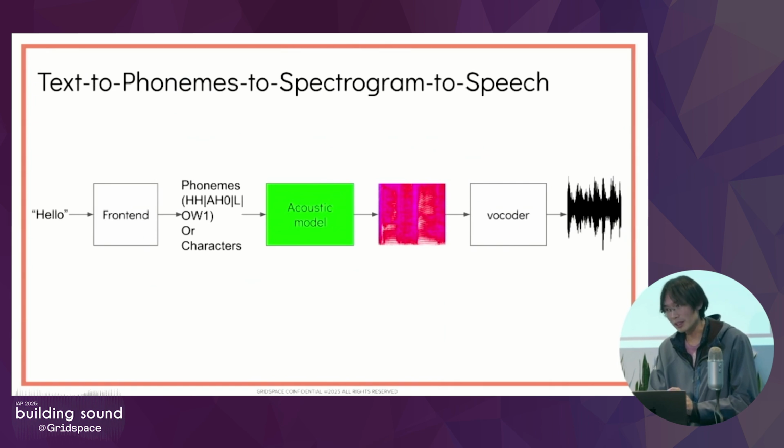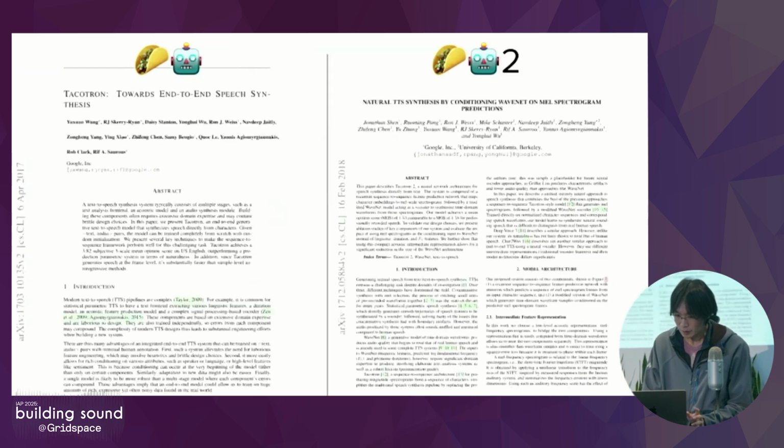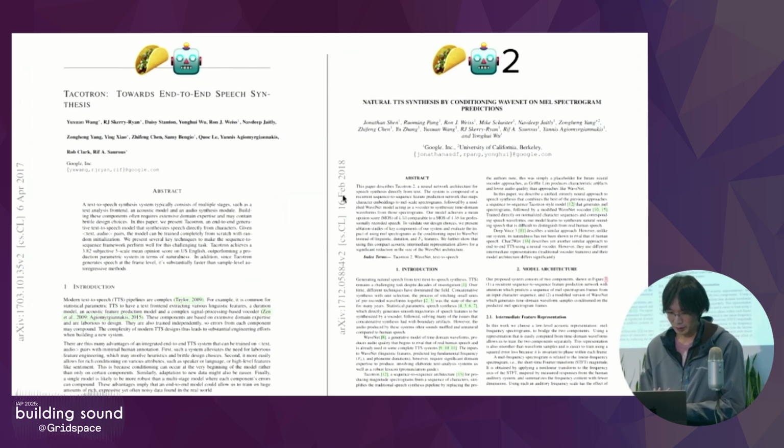So to begin, we first focus on the acoustic model used in this pipeline. The acoustic model would roughly be of 2 different variations today. There is the Tacotron, which is the paper on the left, published in 2017, or the Tacotron 2, which is another paper published in 2018.